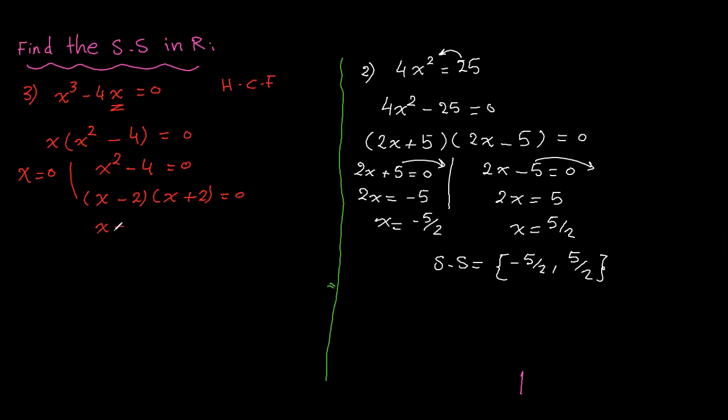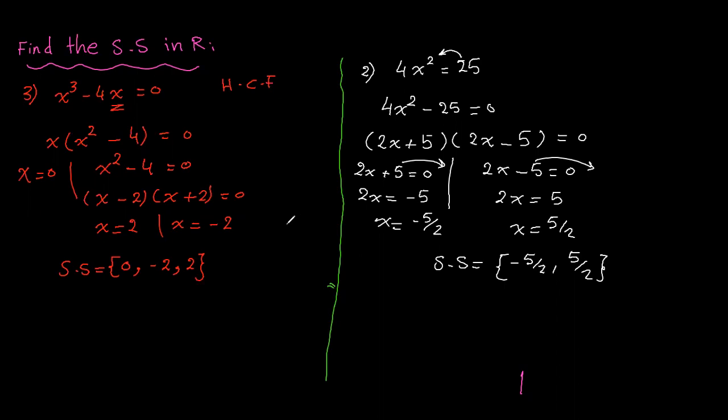So our solution is x = 2 and x = -2. So the solution set here is {0, -2, 2}. And this is a very important question that we want to study.